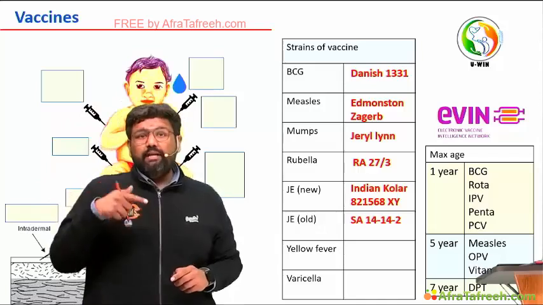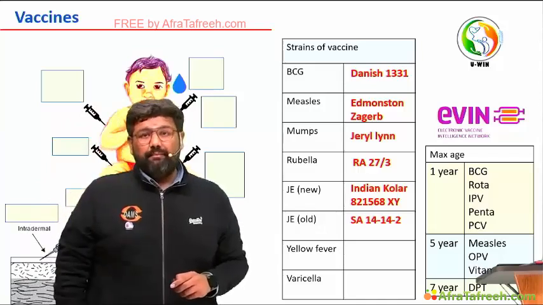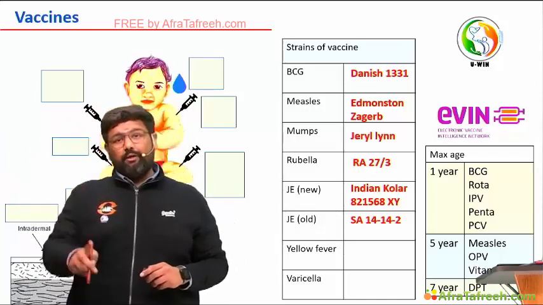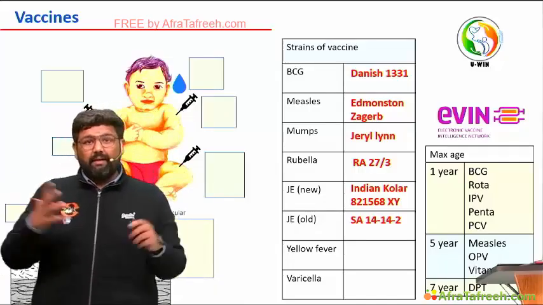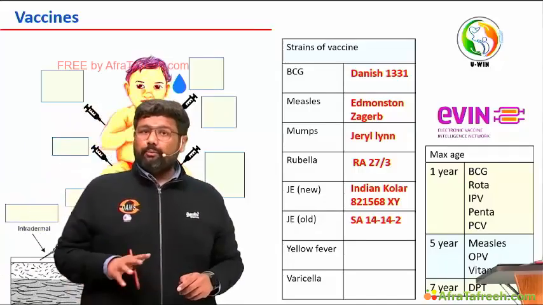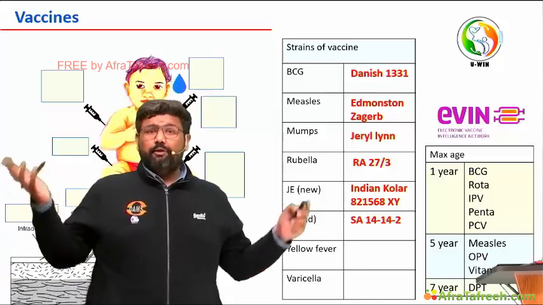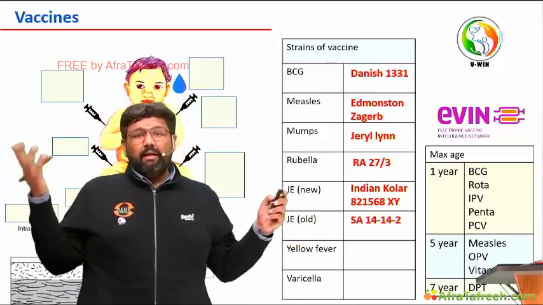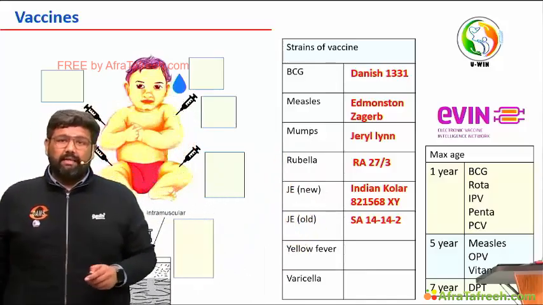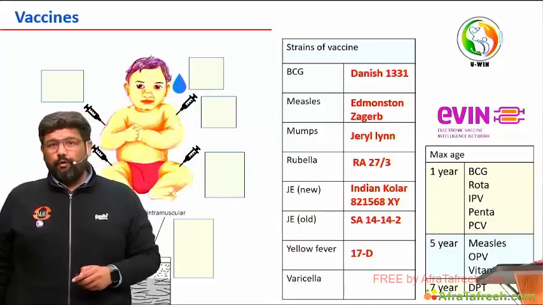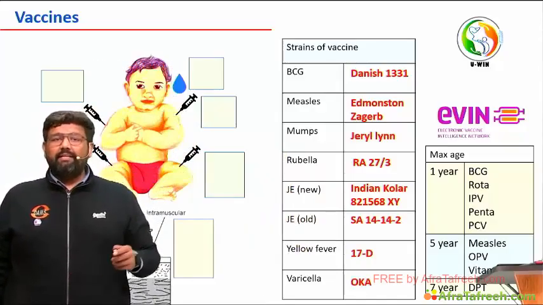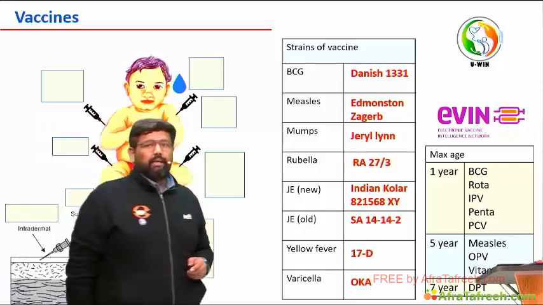The new JE is Indian Kolar strain. The old JE was SA14-14-2. Many people are confusing that new is also SA14-14-2. SA14-14-2 is a Chinese strain. Now in the new strain we have used the Indian Kolar strain. Yellow fever 17D. Varicella Oka.